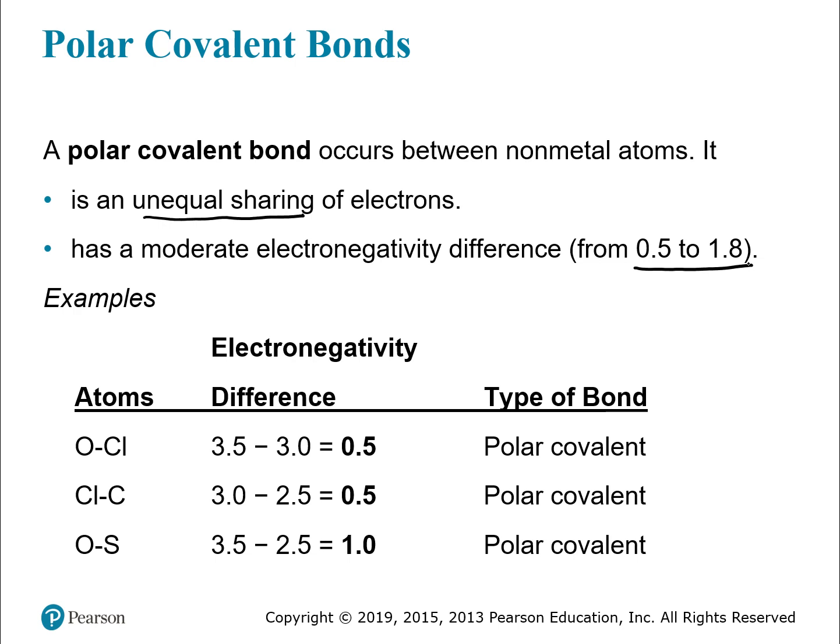But all of these are polar covalent because you're looking at the difference between the two. And again, you're looking up oxygen and you're looking up chlorine, and you're taking the difference. So you do that for every one of these pairs to figure out the electronegativity difference.